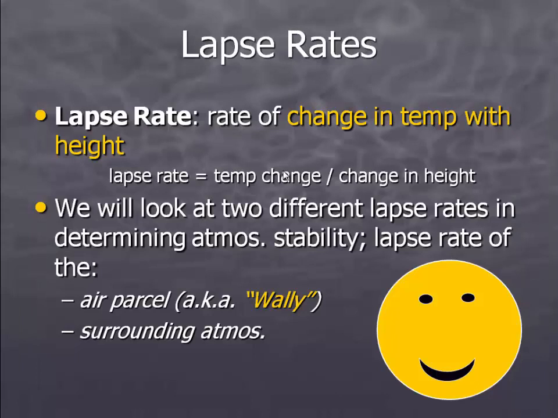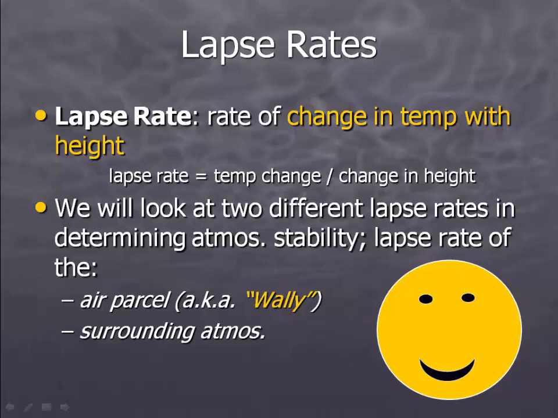We've already discussed rates of change in this course, the dT/dt, the change in temperature with respect to time. In this case, the lapse rate is the change in temperature with respect to altitude. We're going to look at different lapse rates in the atmosphere versus the actual temperature of the parcel. We're going to call the parcel Wally.